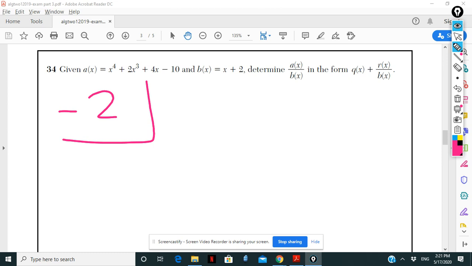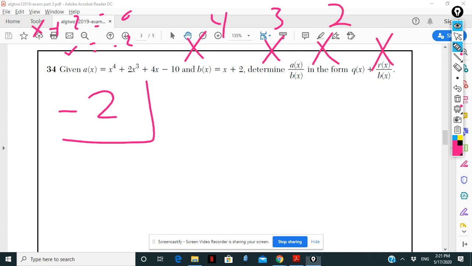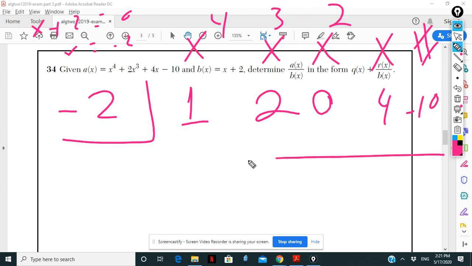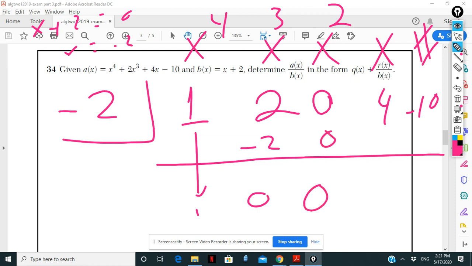So here negative 2, because x plus 2 equal to 0, so x equal to negative 2, so I divide by negative 2. So I have x to the power 4, x to the power 3, x to the power 2, x and the number. Here the coefficient is 1, 2, x squared doesn't exist, so 0. After that 4, negative 10. The first goes down, then negative 2, 0, 0, 0, 4, negative 8, giving me negative 18.